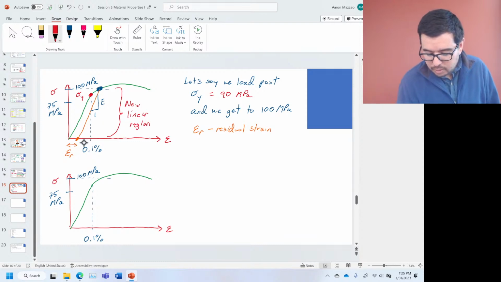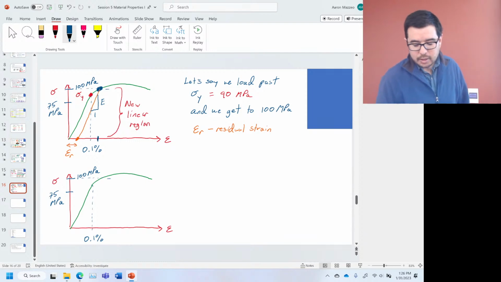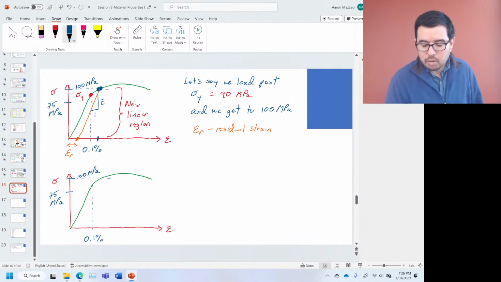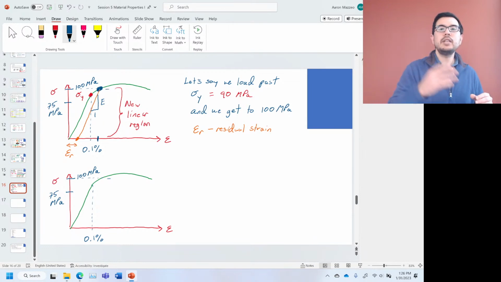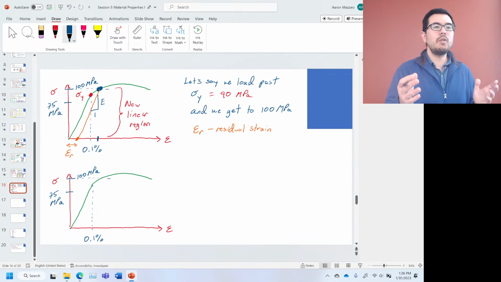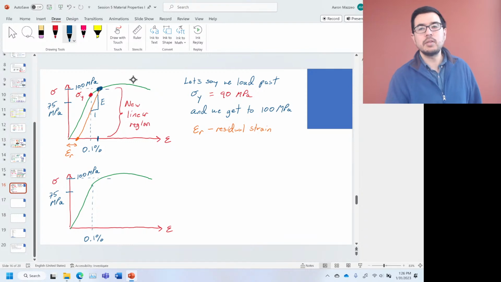Here, and actually it goes this way as well, to here. So the material will go up and down this new linear region with the same slope it had before, without yielding until you get there. Once you get there, it will start to yield again.